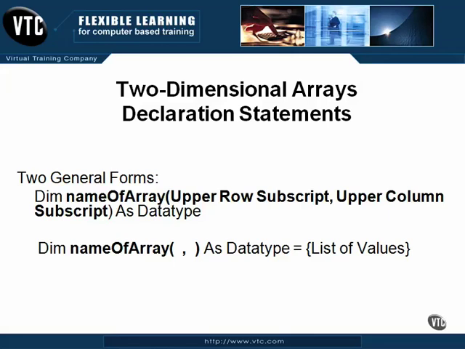The compiler will determine the number of elements from the initial values that you supply. So by specifying the name of the array and leaving the parentheses open without a specific subscript, you're allowing Visual Basic to determine the size necessary. Again, you need to specify the data type, as with all cases.